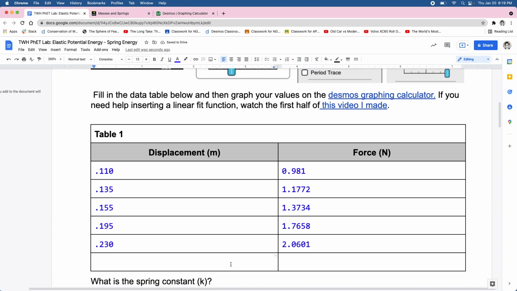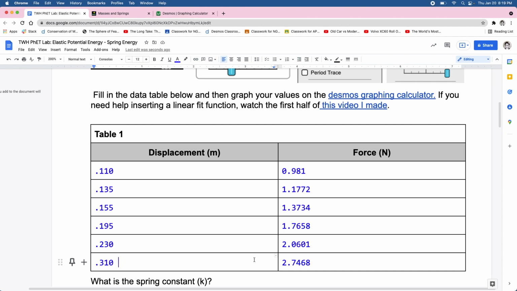And then finally, if I hang a mass of 280 grams, or exert a force of 2.7468 newtons, I get a displacement of 0.310 meters.